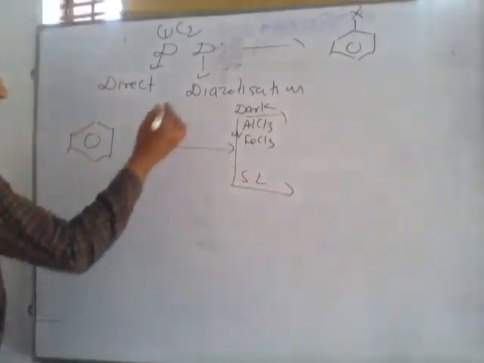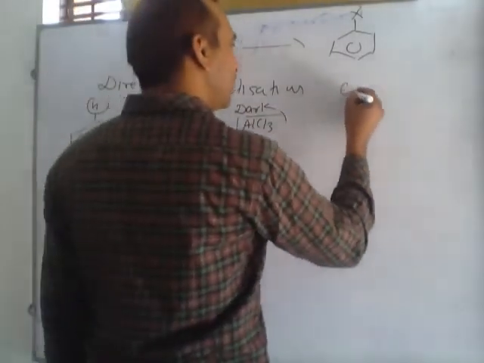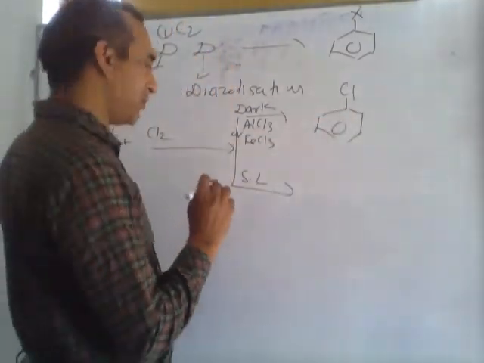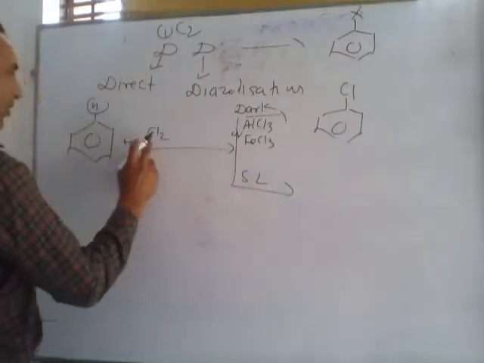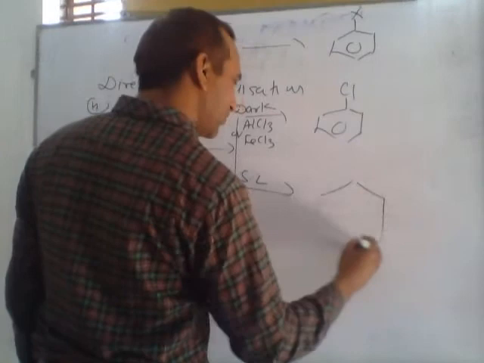In the dark, chlorine replaces hydrogen and forms chlorobenzene. But in light, chlorine joins on each carbon atom.